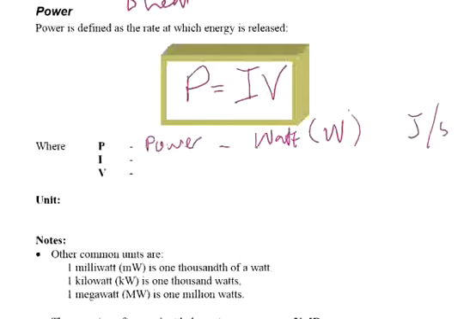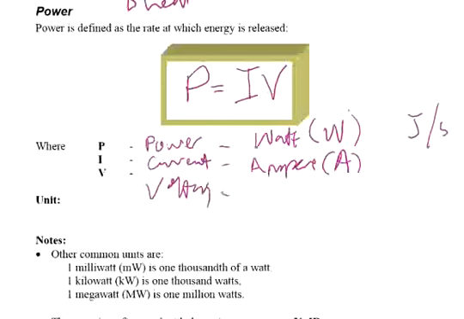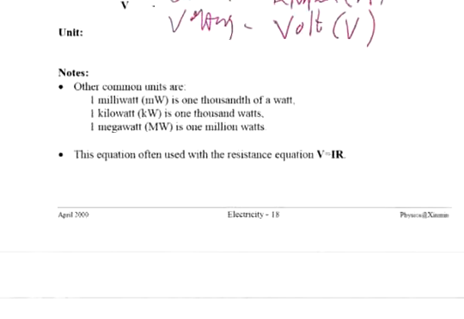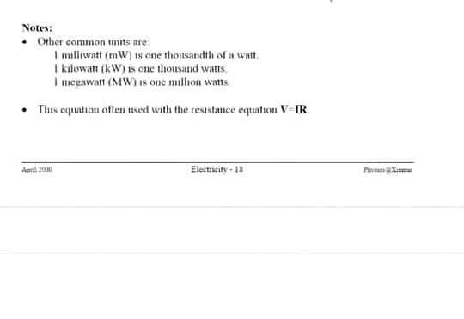Next one is I, the current, which the unit is in ampere, capital letter A, and V is the voltage, which the unit is volt, capital letter V. Alright, note other common units: 1 milliwatt is 1/1000th of a watt, and 1 kilowatt is 1000 watt.